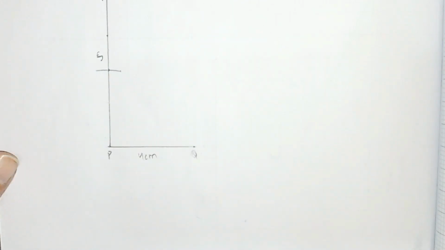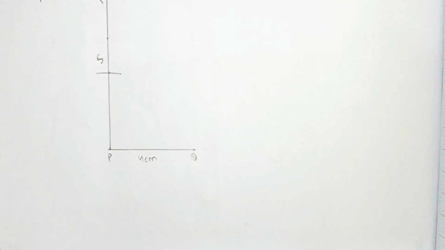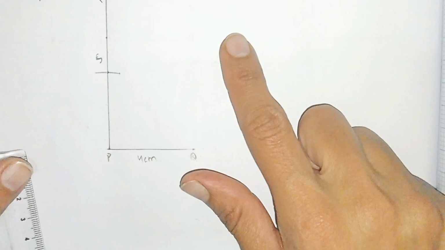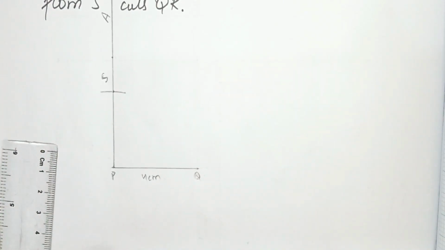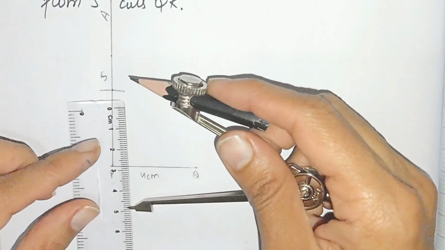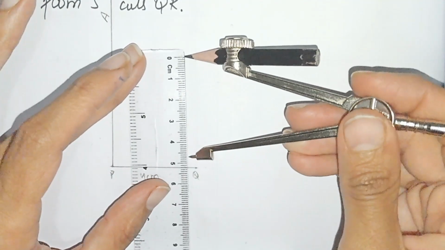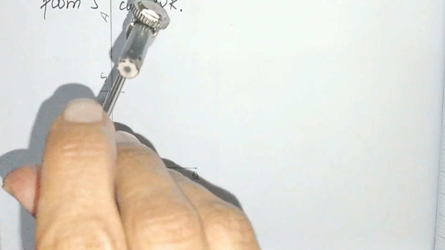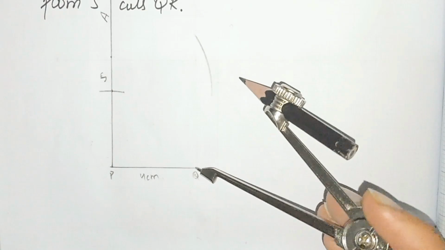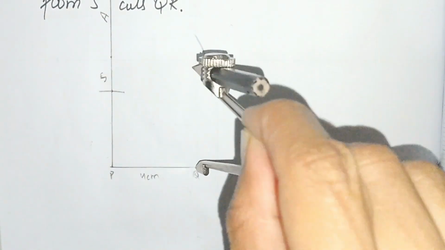and now the two lines are PQ and QR, and RS is equal to 4.8 centimeter. It means R is a point which is located there. Now I open the compass 4.8 centimeter. Now students, you can see this is the 4.8 centimeter. I place it at point S and draw an arc. Now I place it at point Q and draw an arc.